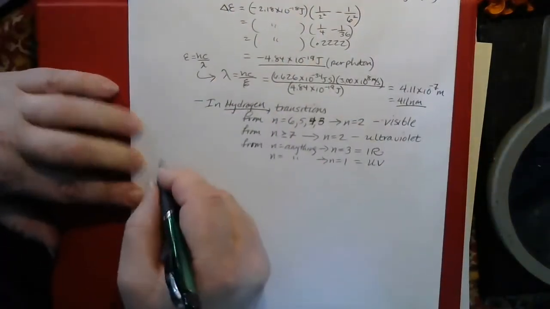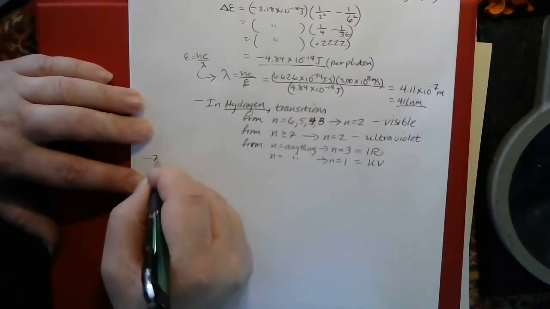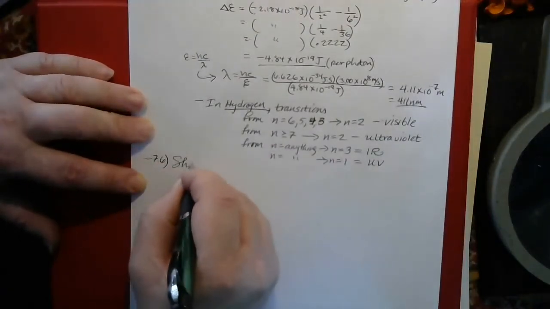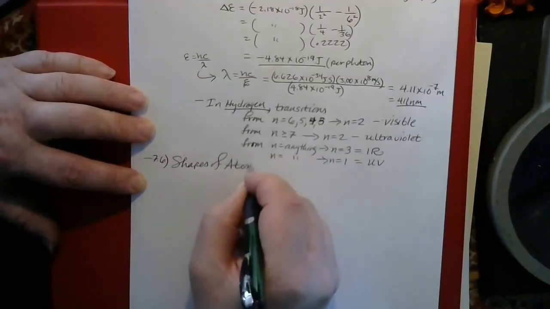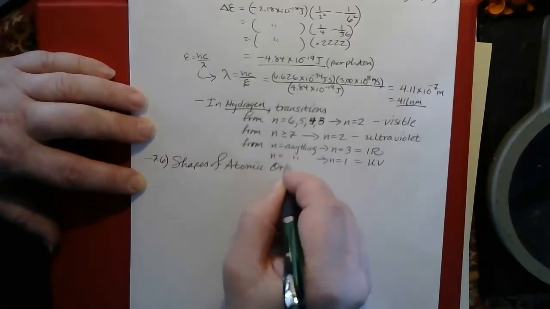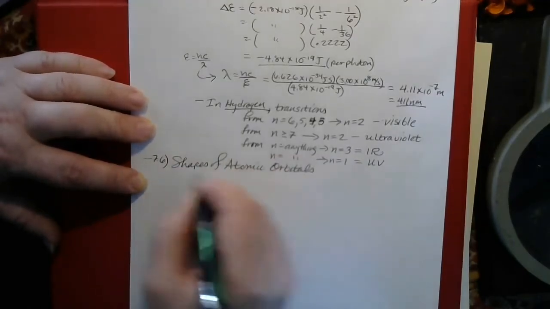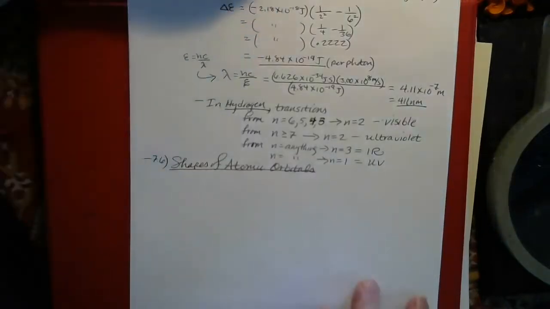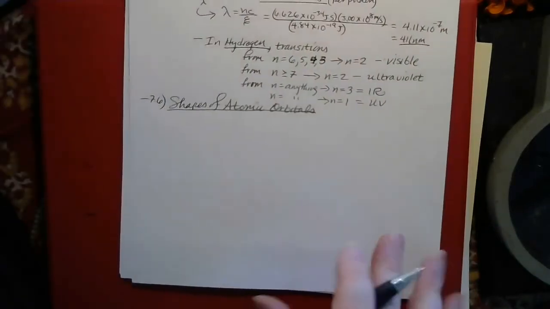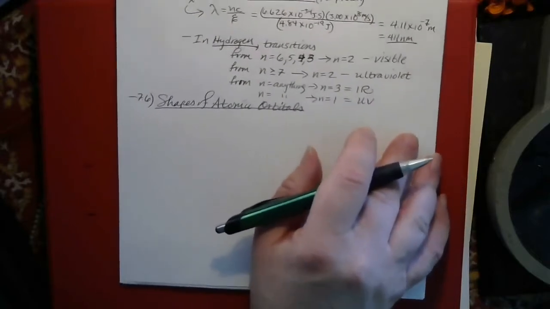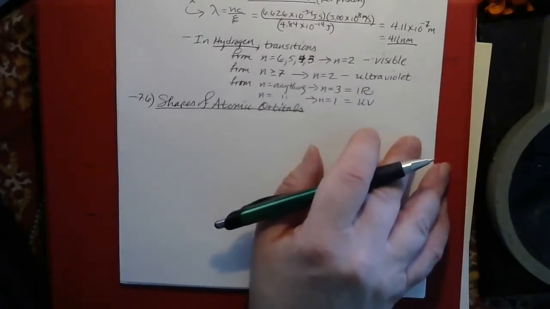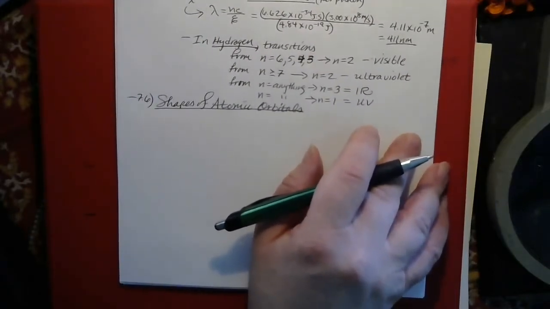For the next part, we go on to 7.6, shapes of atomic orbitals. The shapes of the atomic orbitals are important to know for things like bonding, because bonding consists of sharing pairs of electrons between atoms.